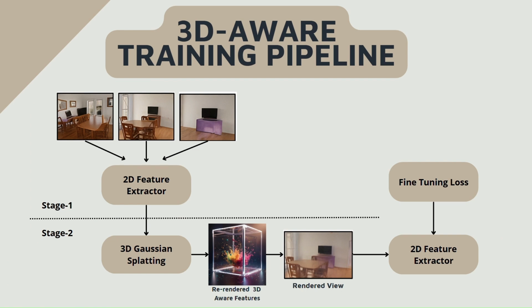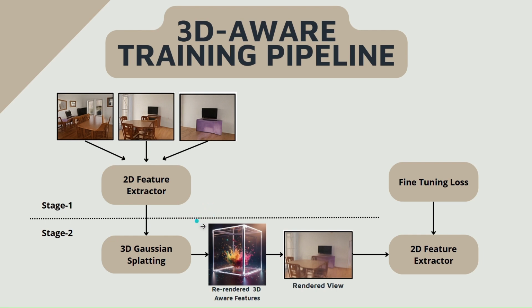Now, let's delve deeper into the training pipeline, which visually summarizes the full process of creating a 3D-aware 2D model. We begin at the top left with a set of multi-view RGB images of an indoor scene. These images are passed through a 2D feature extractor, typically a frozen pre-trained vision transformer like DINOv2 or MAE.